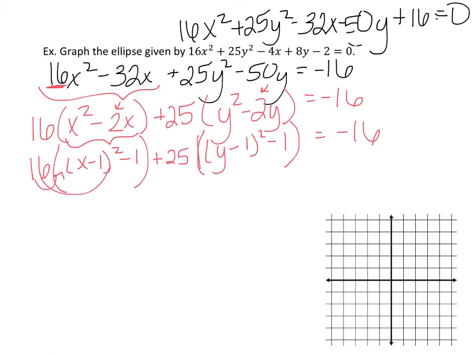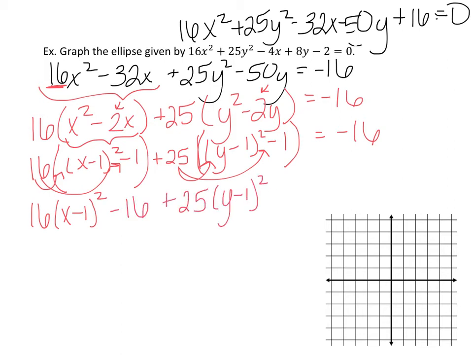Distribute what you factored out back in front of the quantity squared and with the constant. 16(x minus 1) squared minus 16 plus 25(y minus 1) squared minus 25 equals -16. Add 16, add 25.